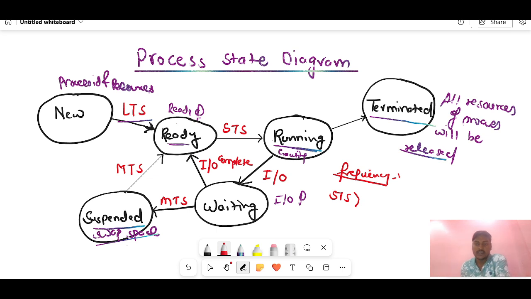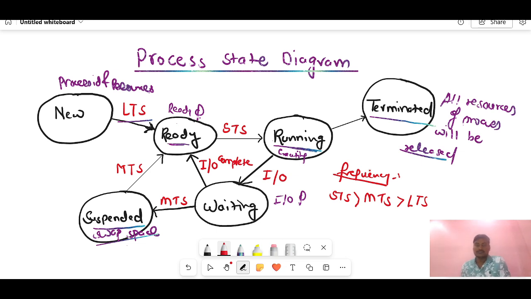The middle-term scheduler will perform many times, swapping idle processes to swap space, so its frequency is lower than the short-term but higher than the long-term scheduler. The long-term scheduler has very low frequency, because it only moves newly created processes to memory.